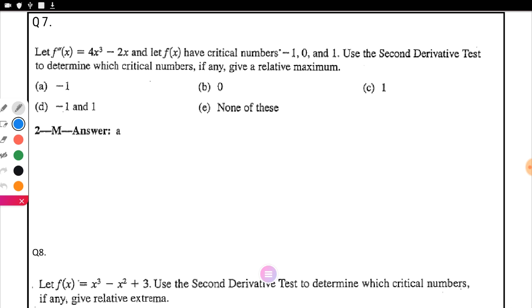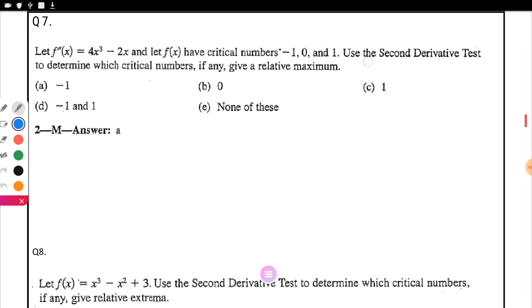Let the second derivative equal 4x to the power 3 minus 2x, and let f(x) have critical numbers at x equal -1, 0, and 1. Use the second derivative test to determine which critical numbers, if any, give a relative maximum.